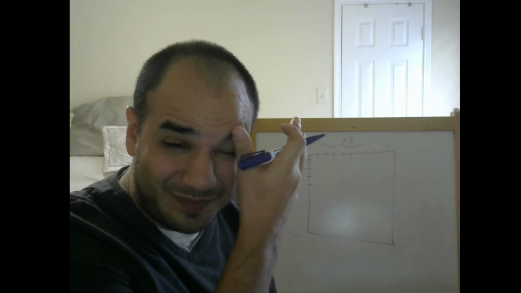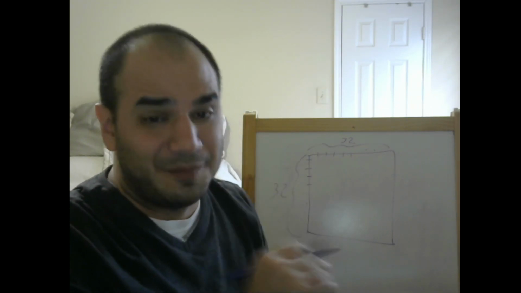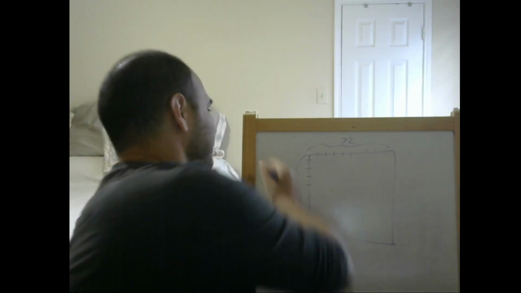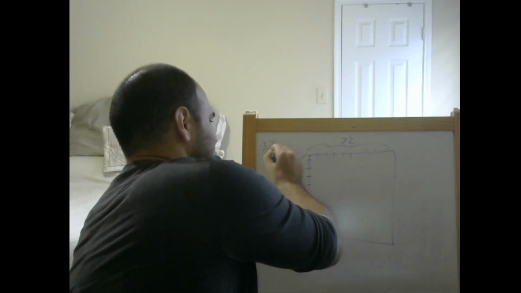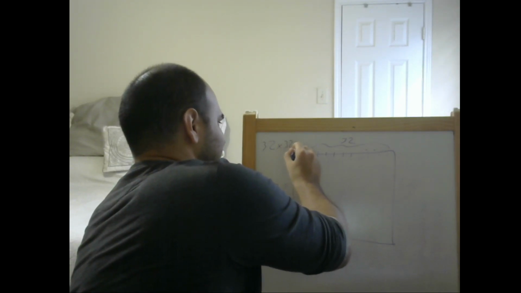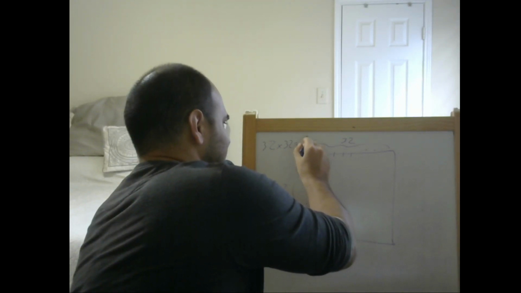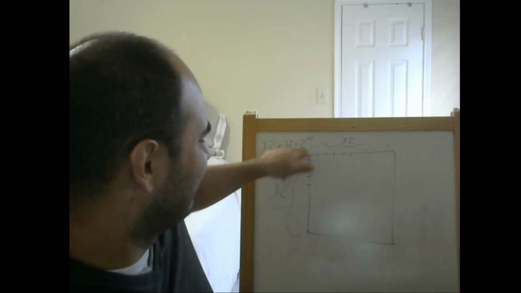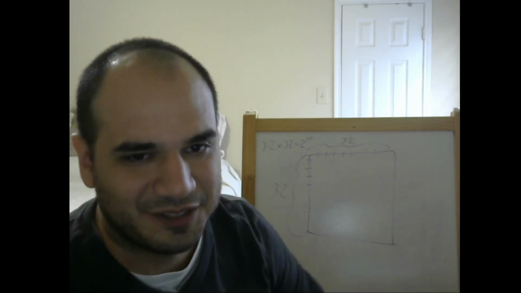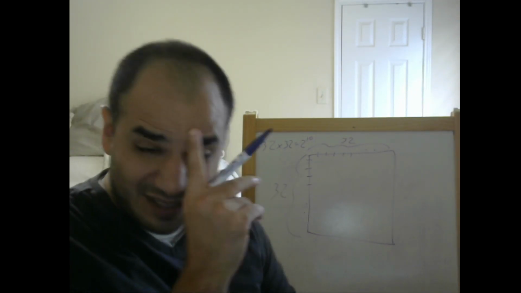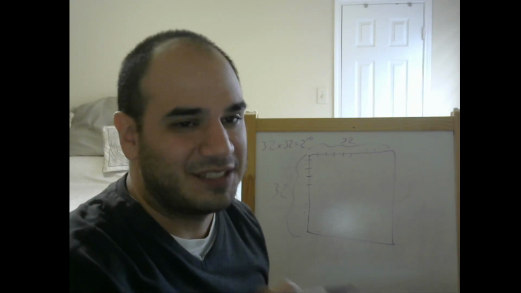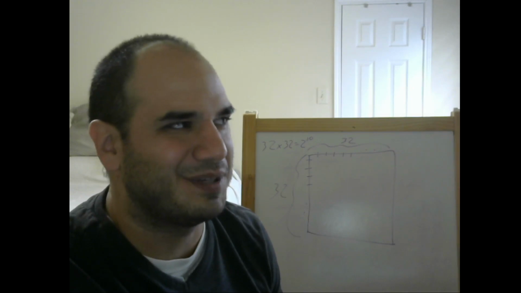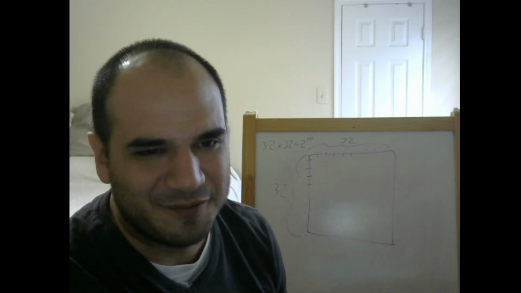So then the number of pixels in the grid is 32 times 32. This is 2 to the 5, this is 2 to the 5, so their product is going to be 2 to the 10. And then each one of these pixels will be grayscale. So you can do it with a different encoding, but you lose a bit of information.